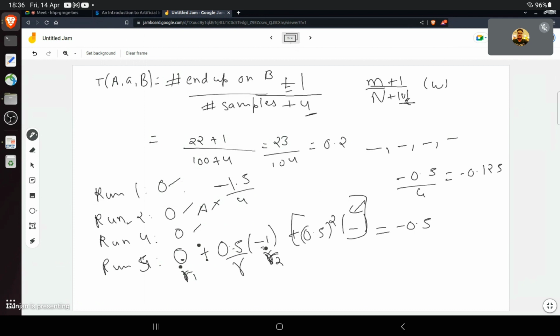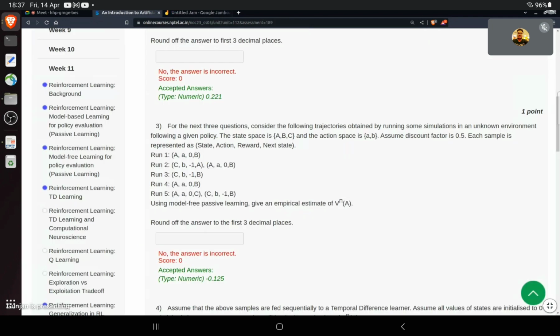That's it. At run 1 you get reward 0, run 2 you get reward 0, run 4 you get reward 0, and run 5 you get reward as minus 0.5. Total is minus 1. At the end of run 5 I'm getting minus 1.